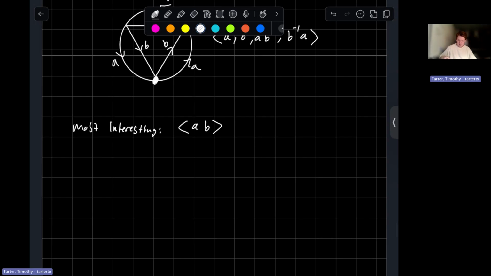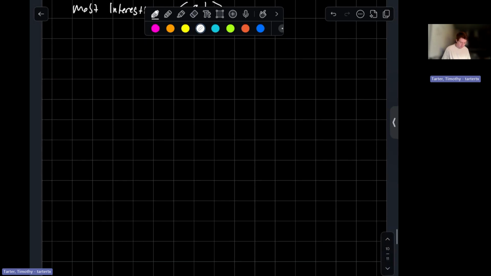A simply connected covering of X can be constructed in the following way.